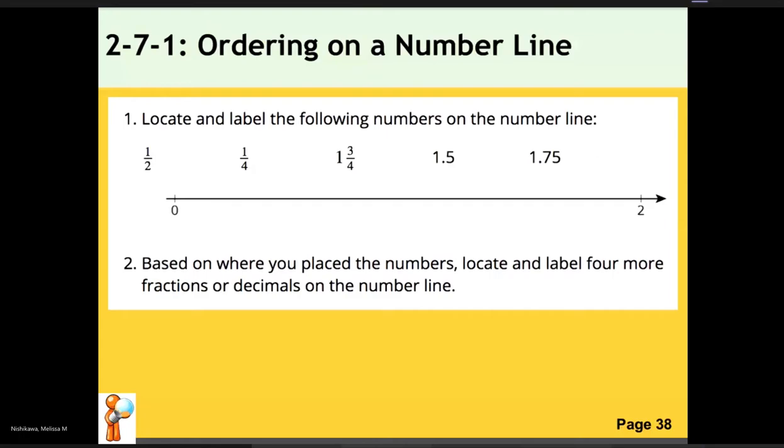Does anyone else not see our number line? It shows a circle. Okay, so I think this is a Teams issue.